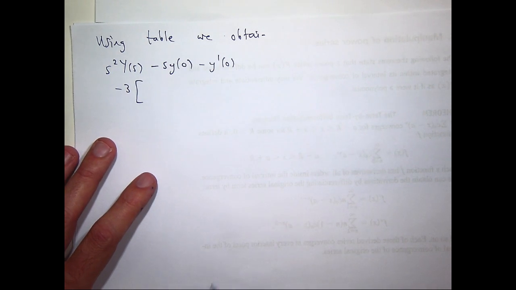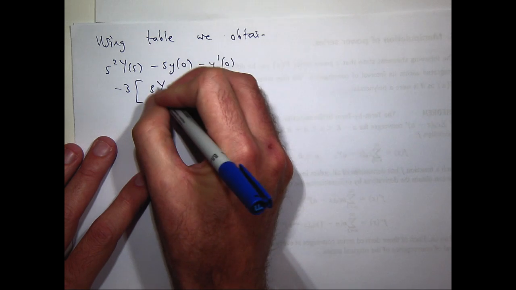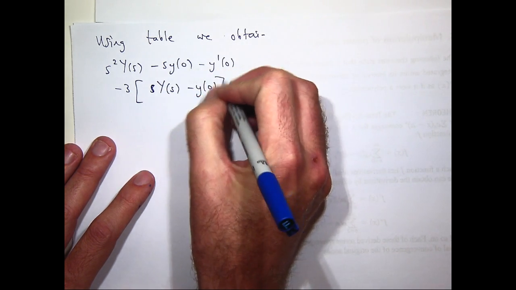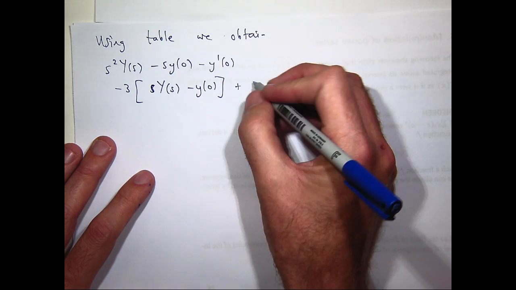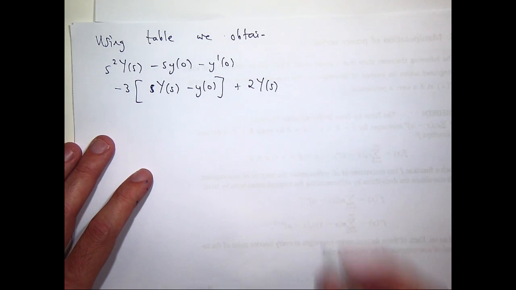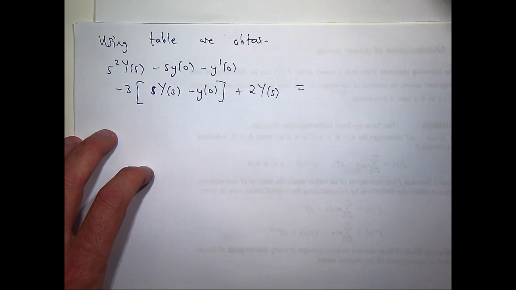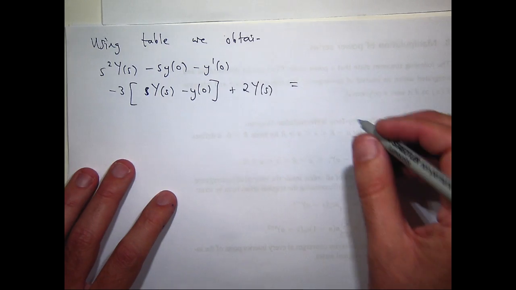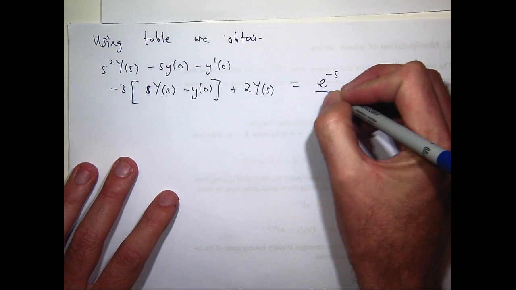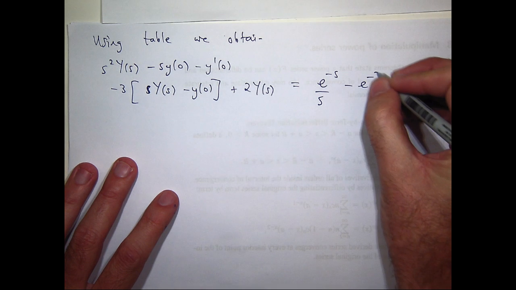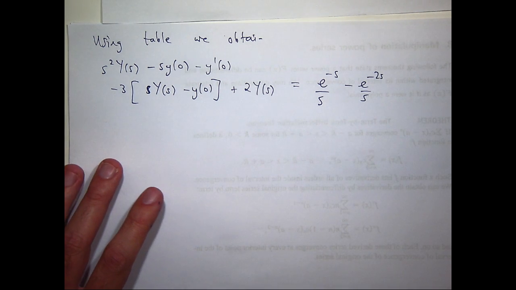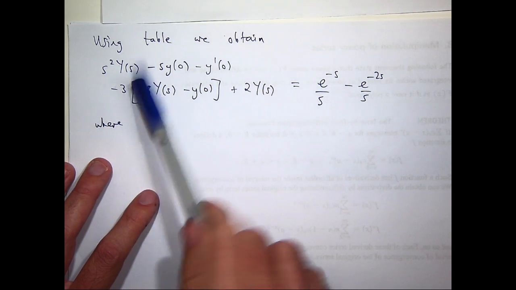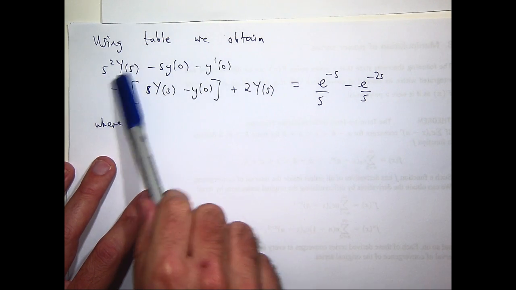The transform of y prime is this. And I've just got 2 times big Y of S. The transform of my 2 Heaviside step functions can be found in the table. And notice I've switched to big Y of S notation.